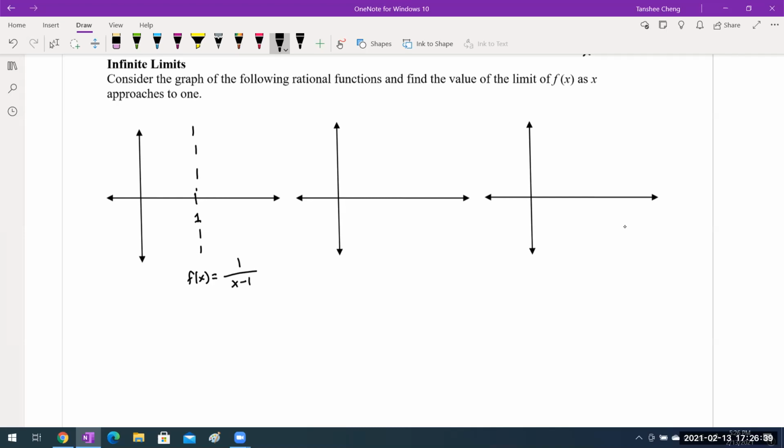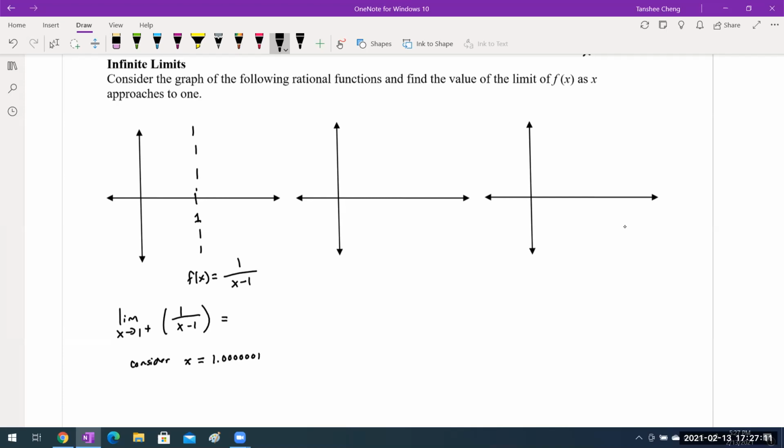The reason is, if I say the limit as x approaches 1 from the positive side of 1 over x minus 1, then we are talking about x values that are very, very close to 1 from the right-hand side. So I can consider the x value as 1.0000001.